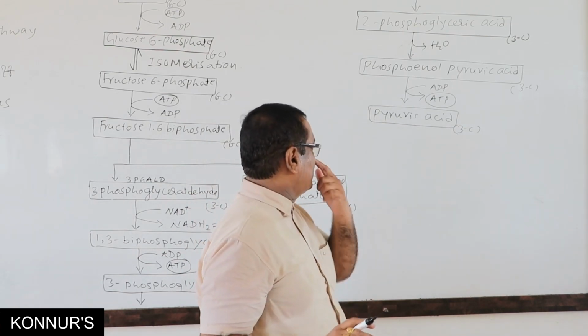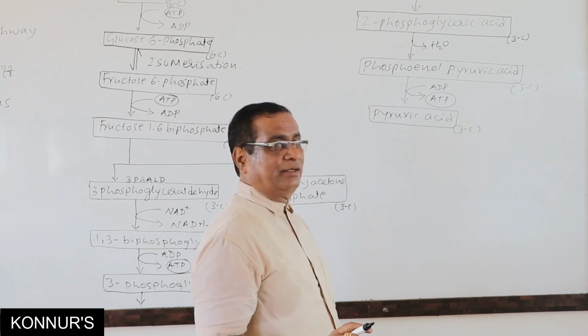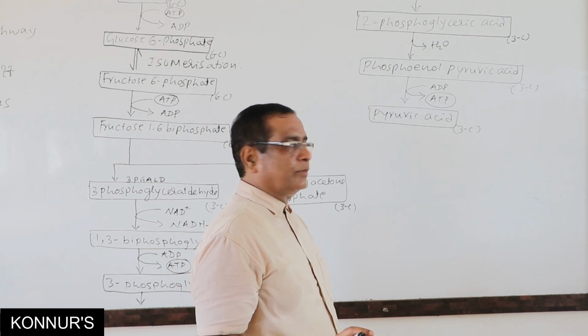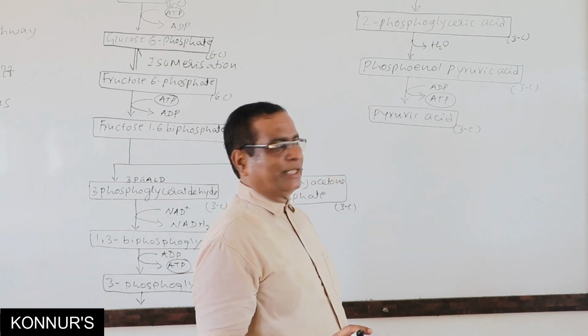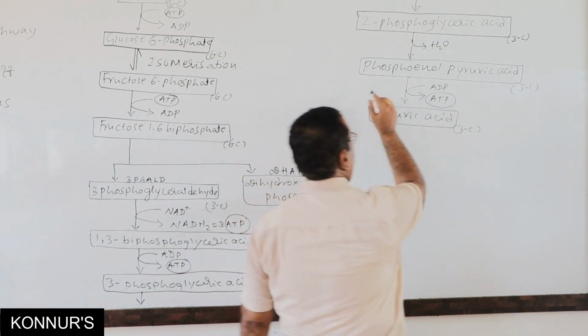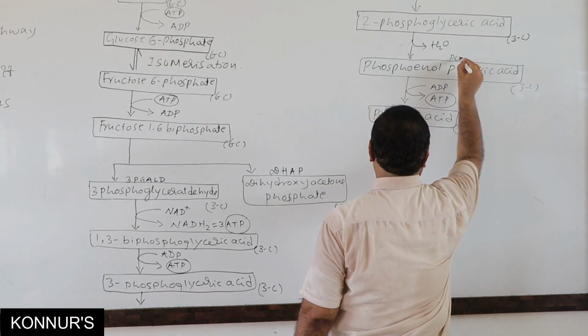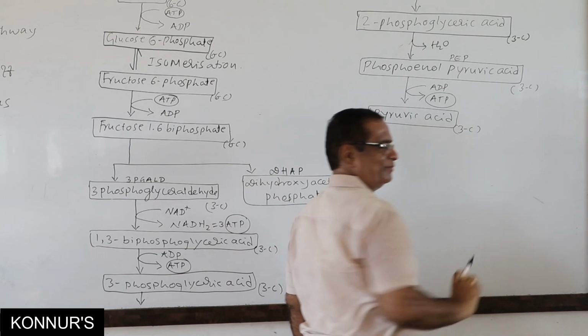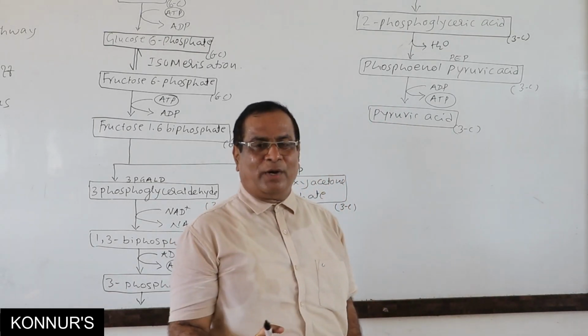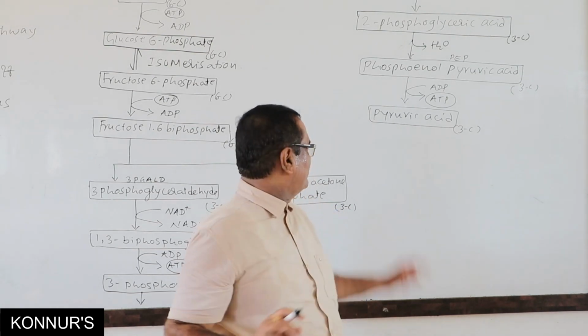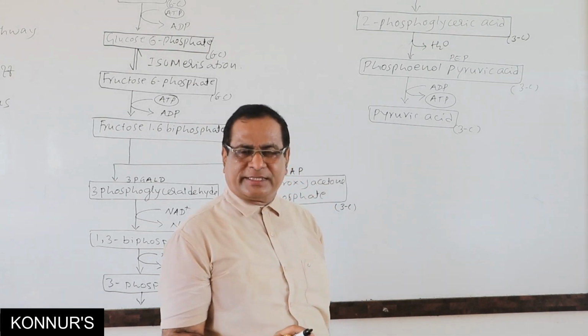And now this 2-phosphoglyceric acid loses water and becomes phosphoenolpyruvic acid. Already we have come across it. This one, PEP, is the compound which fixes CO2 in the C4 pathway.